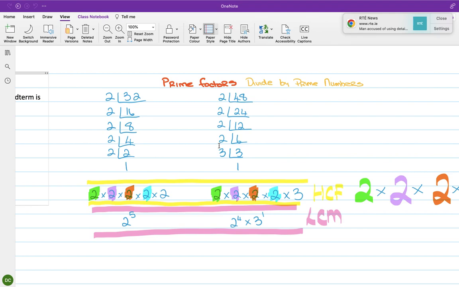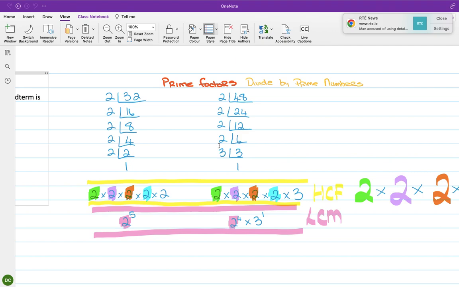Right. So then the lowest common multiple is the trickier one. But we did practice quite a few. So with the lowest common multiple, we find the matches. So we have a 2 here and we have a 2 here.